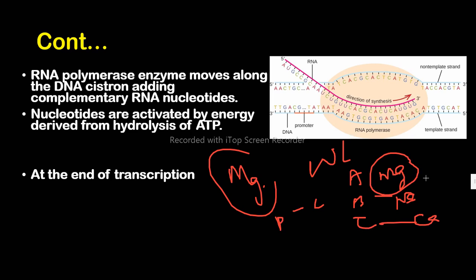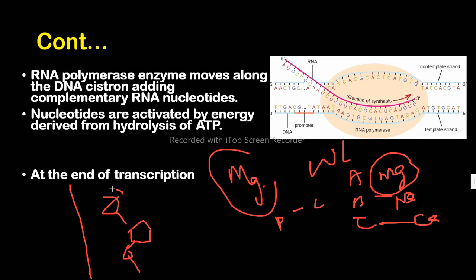Why? Because you know that this DNA is highly negatively charged. It's negatively charged in a way that it's made up of a phosphate sugar backbone. So if this is a phosphate, then this is a sugar, and then this is another phosphate, then this is another sugar.